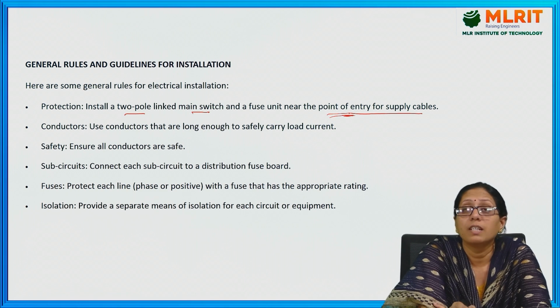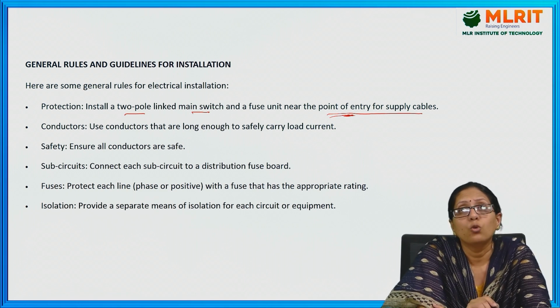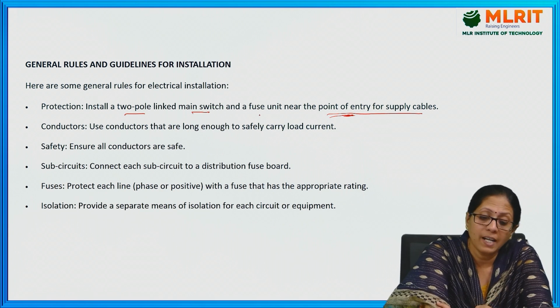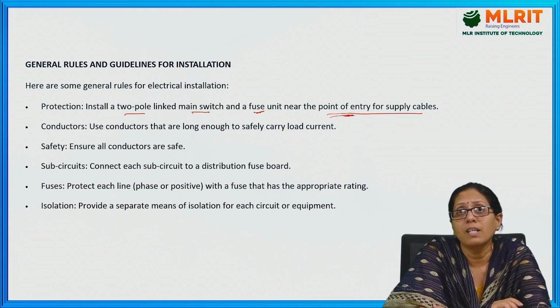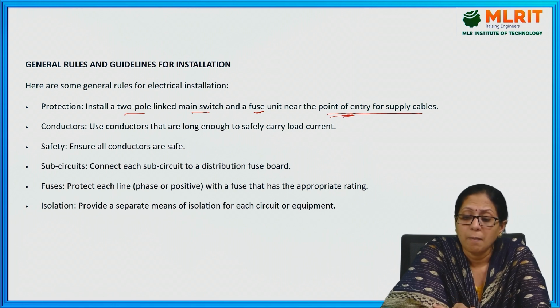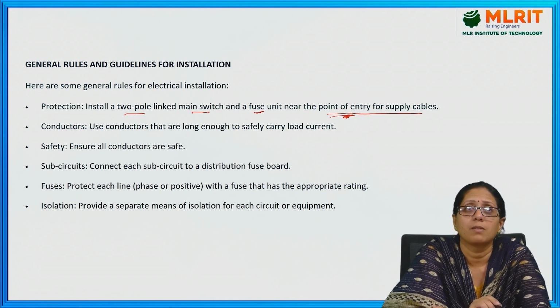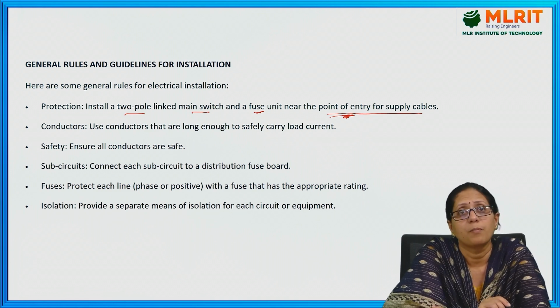You can see here, near the entry point, we need to connect a 2-pole linked main switch and a fuse. A protective device should be connected near the main entry for all the supply cables for protection purposes.